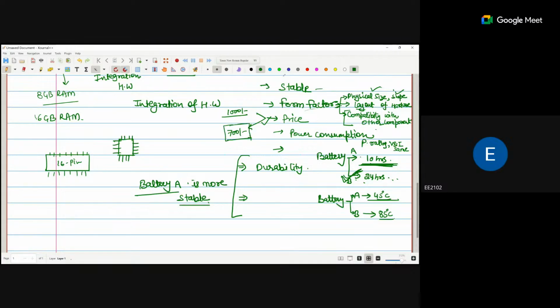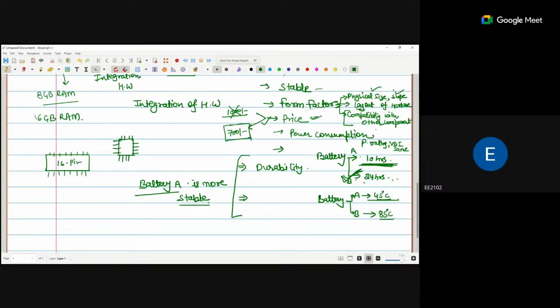So when we design a system, price is also an important factor. Same features, everything is the same, but they provide it at 700 and you provide it at 1,000. In that scenario, your product will fail. You can't sell it. You can create it, but you can't go to market.